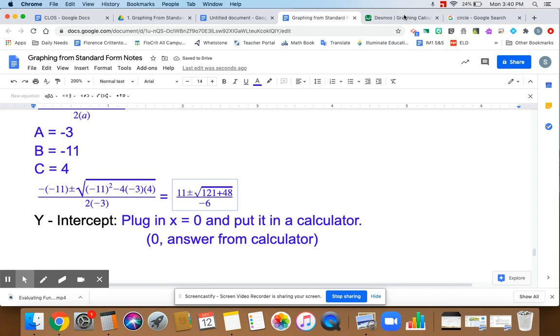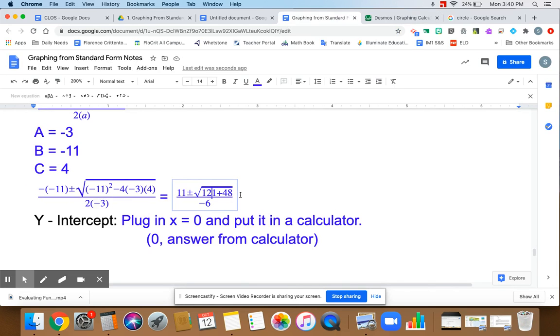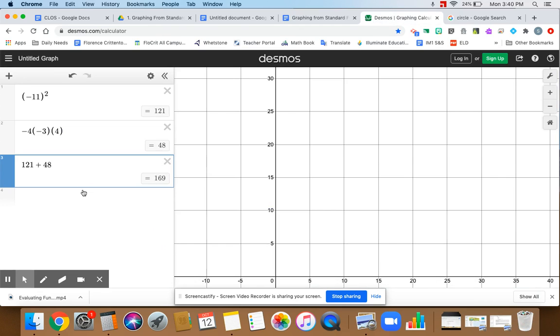Now if I add 121 with 48, I would get 169. And if I take the square root of 169, I get 13.